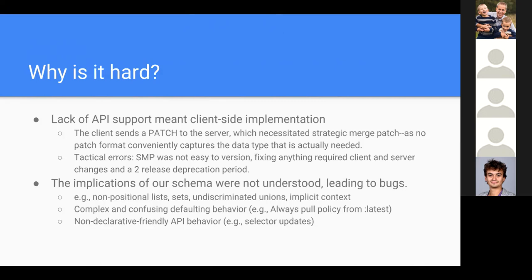So the associative lists, sets, unions are issues, but we also need to distinguish behavior between map and actual map entries like labels and structure fields, which actually are different in the API, but not to JSON.